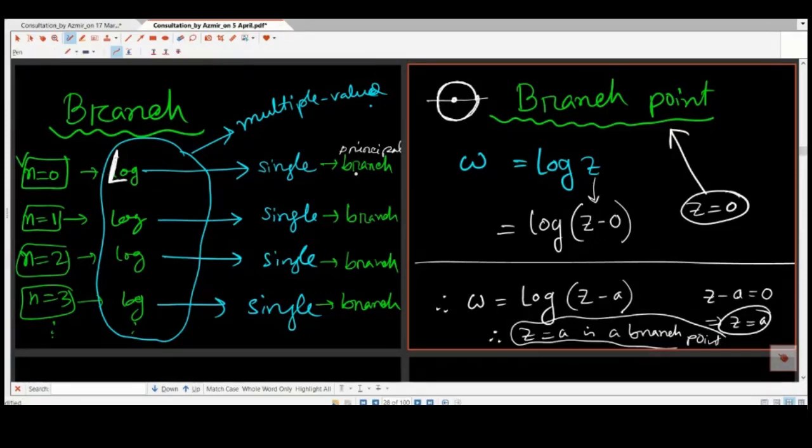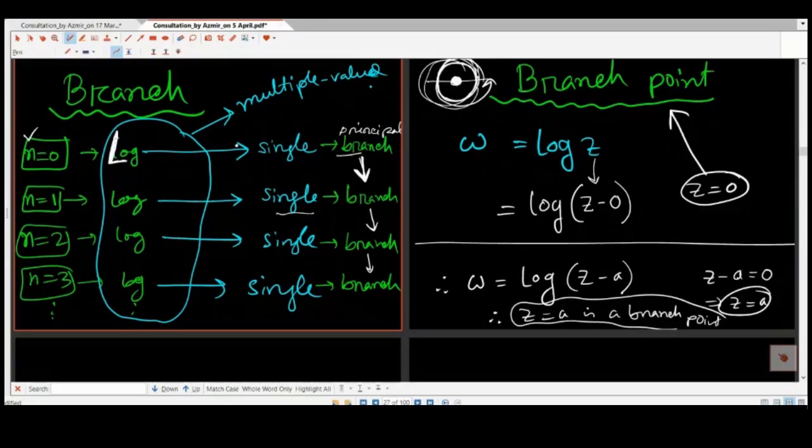If we rotate around this circle, then we will come from branch 1 to the second branch. If we take another rotation, we will come to another branch. If we take another rotation, we will come to another branch. That means it is working with n equals 0, 1, 2, 3. n equals 0 means there is no rotation.